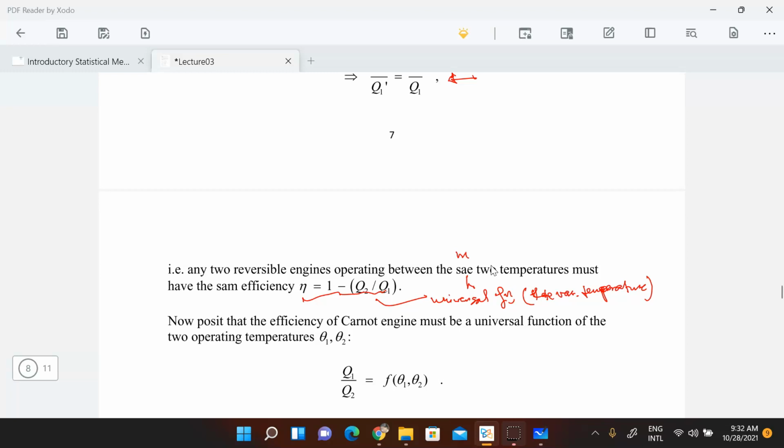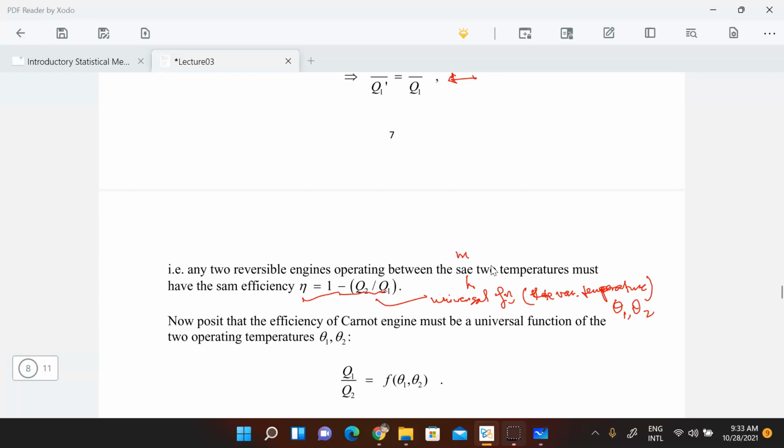Having said that, temperature: there are two, I forgot to mention, because you have two different heat reservoirs. So I would really have to have theta 1, theta 2. It will be a universal function, meaning it's the same function for any Carnot engine.